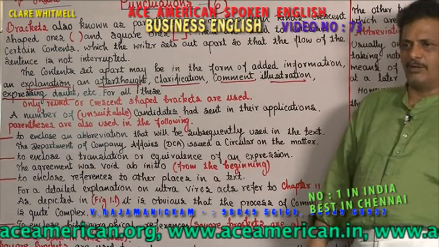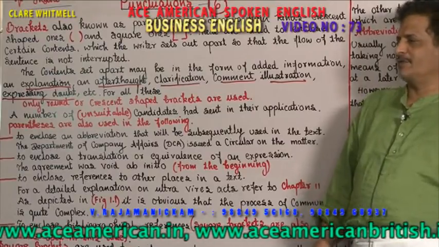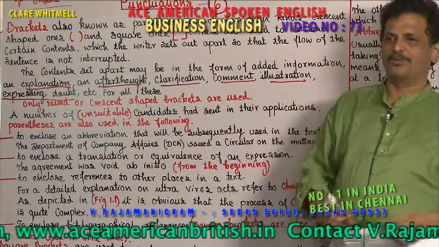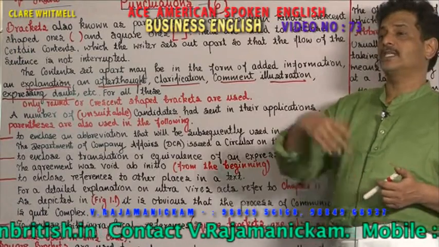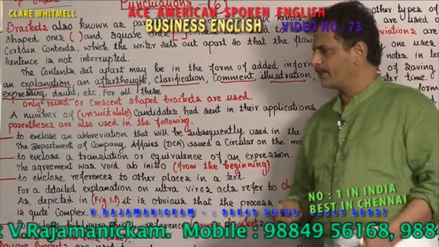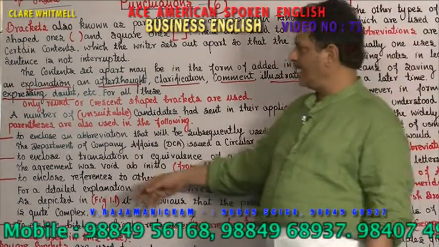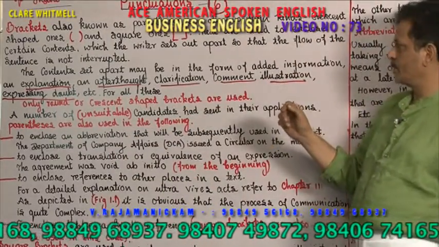For example, clarification. What is the clarification? 5,000 rupees and 1,000 rupees are demonetized. In bracket you write up to the date 24th of December. So you are giving because of black money and because of counterfeit notes. So you just give an explanation. Only round or crescent shaped brackets are used for this.